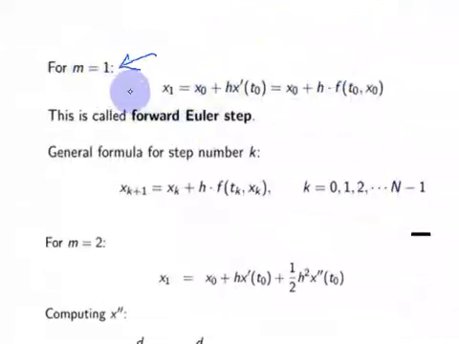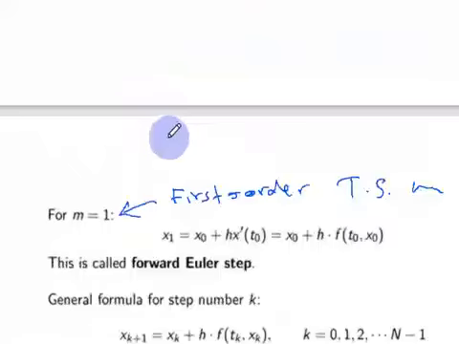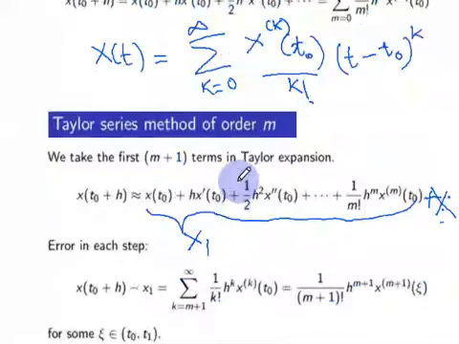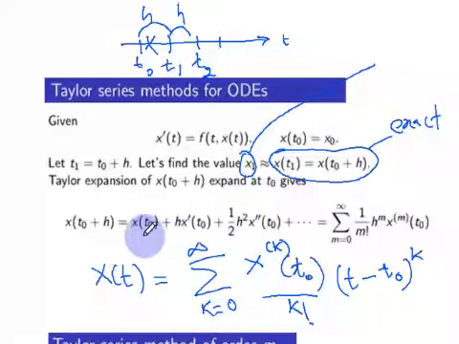This is called the first order Taylor series method. First order means you throw away all the terms of that infinite series from here. So you don't consider these terms. You just consider the first two terms of the Taylor expansion.